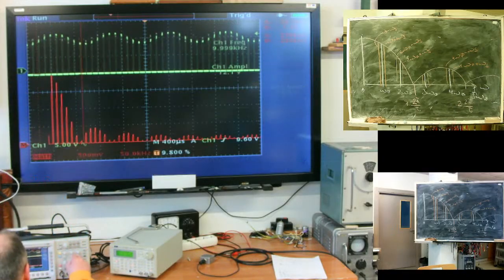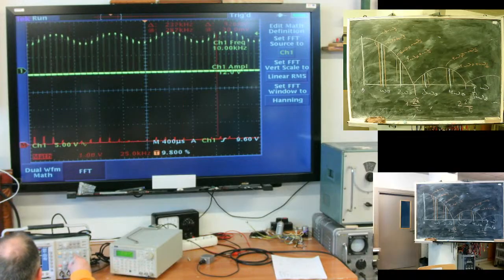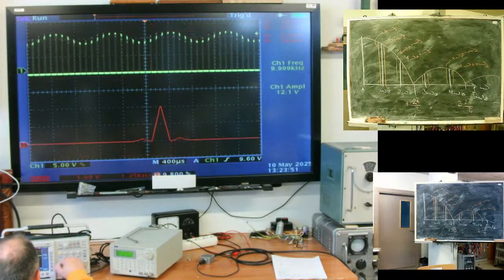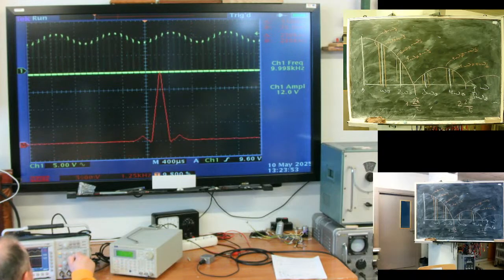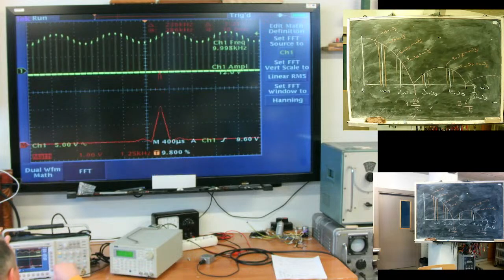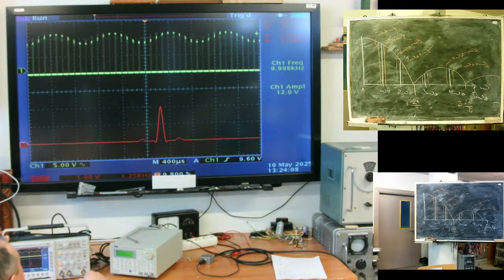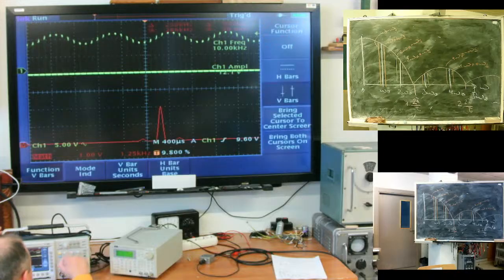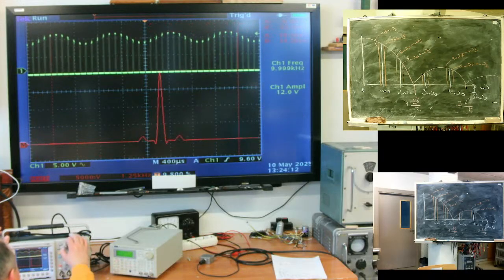But if we change the scale, who is it? Look who's near. One second, I will bring my cursor here.